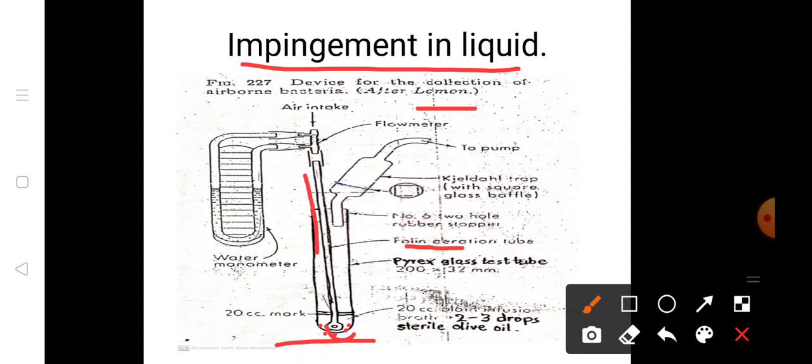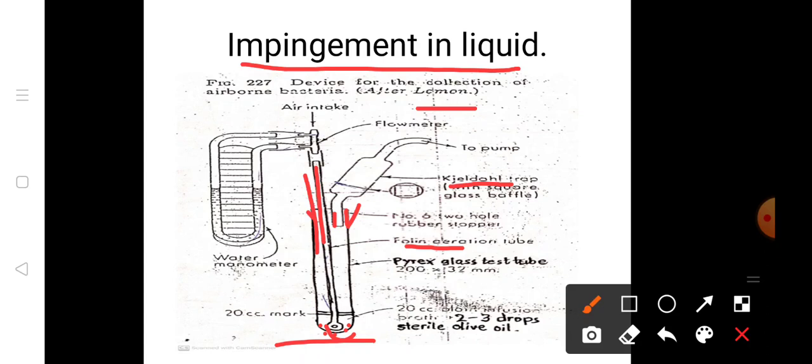Through one hole passes the fouling aeration tube, and through the second, the Zelda trap.